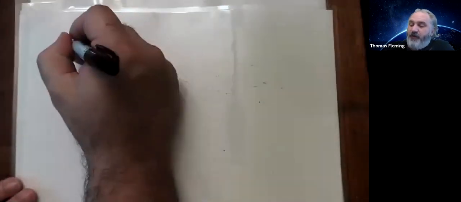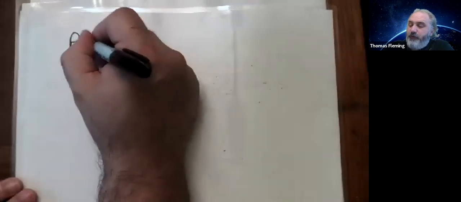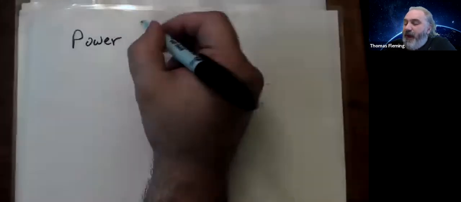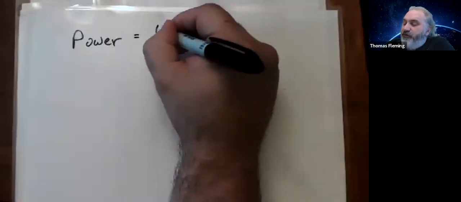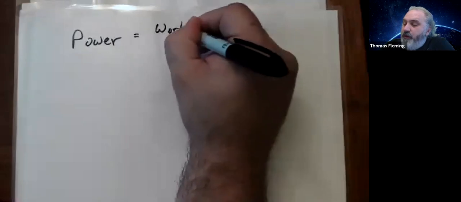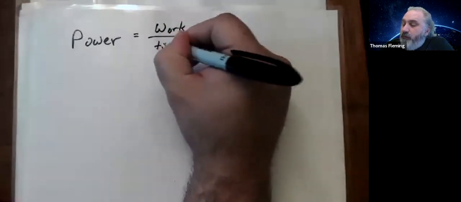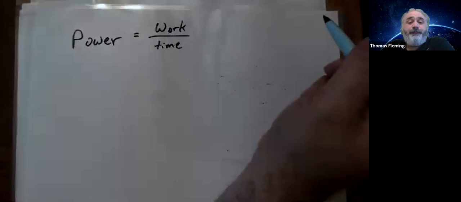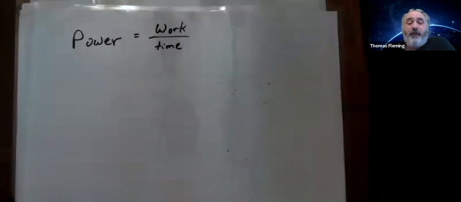Now, power was a concept that we introduced back in chapter 7 during physics 1. We didn't do a whole lot with it at the time. We just kind of mentioned it and moved on with our lives. But power was defined as the amount of work done over time. That's the definition of power.